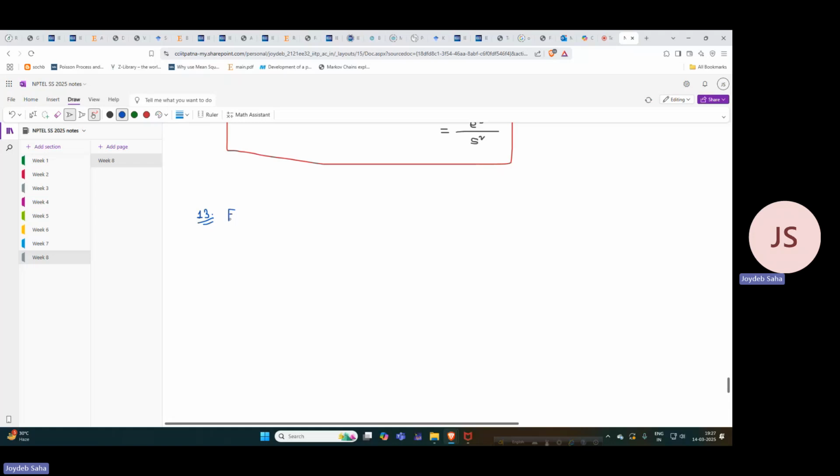Find the Laplace transform of x(t) is equal to e to the power minus j omega 0 t u(t).